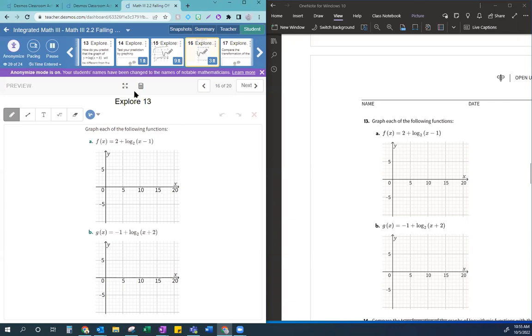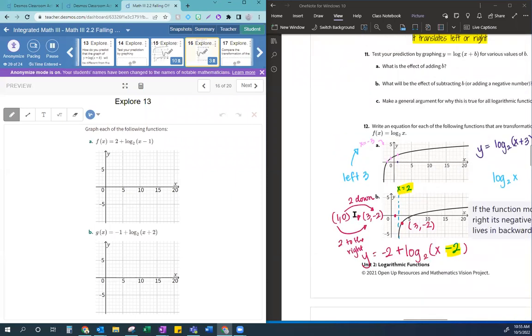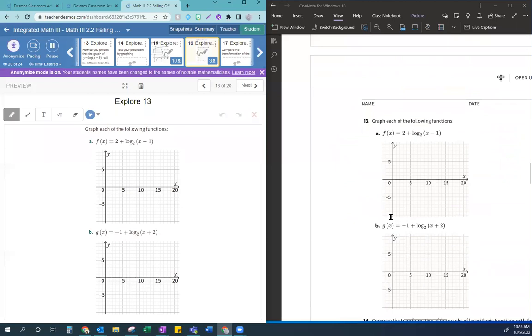If Ms. Johnson lets you use a graphing calculator, will she give you a question just like this? Probably not. Right? So what will she give you? She will give you a problem like this using the calculator. And then I would say something like, okay, now explain how you know that your graph is correct, right? And then I'm looking for language like it moved 2 down, 2 to the right. The asymptote is here, okay?